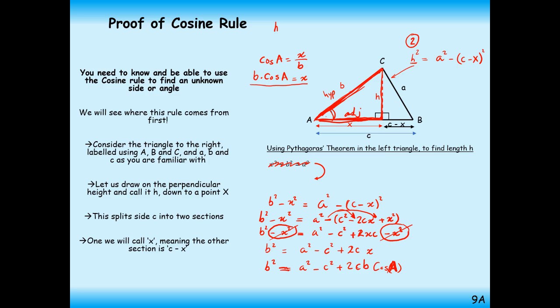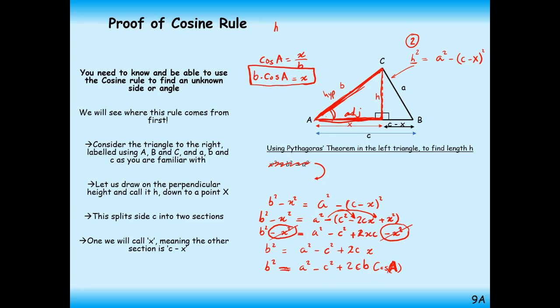Here we go. If you weren't sure what I was pointing at, I was pointing up here at this x, above on the page. So I replace that x with b times cos A.